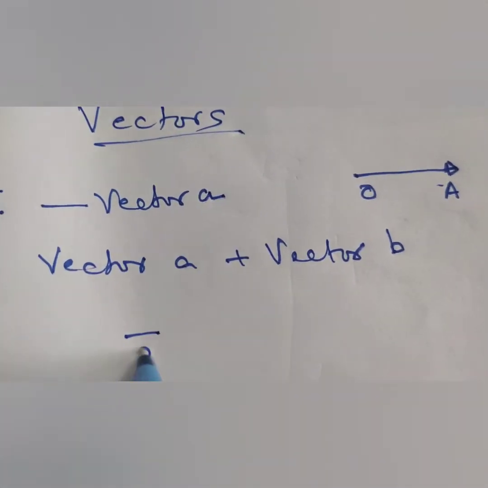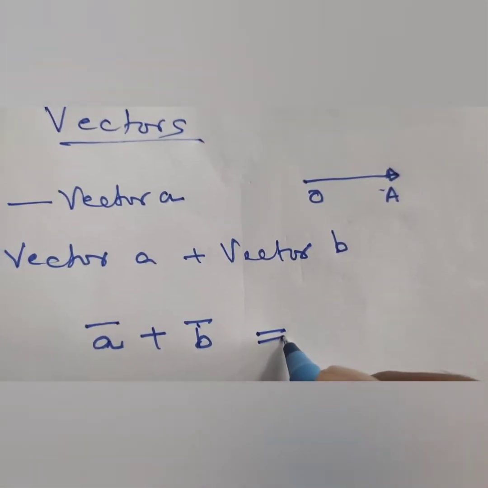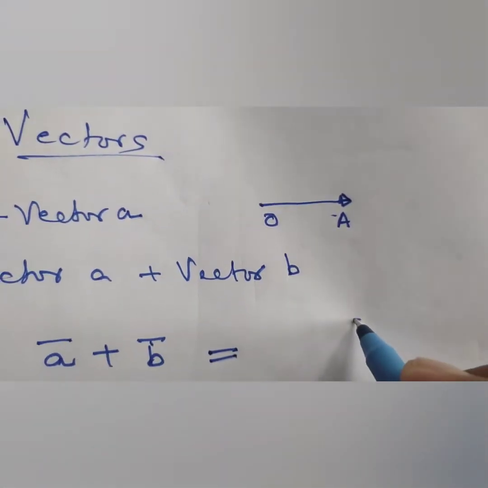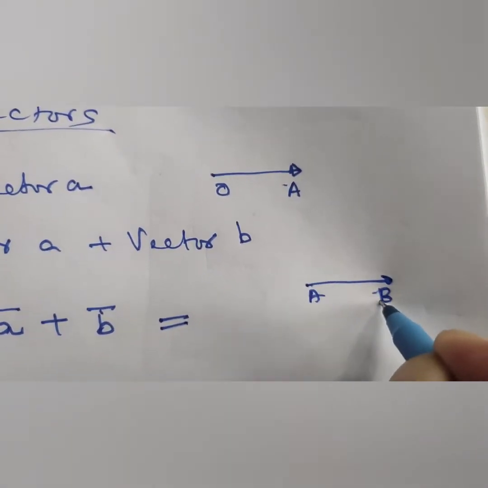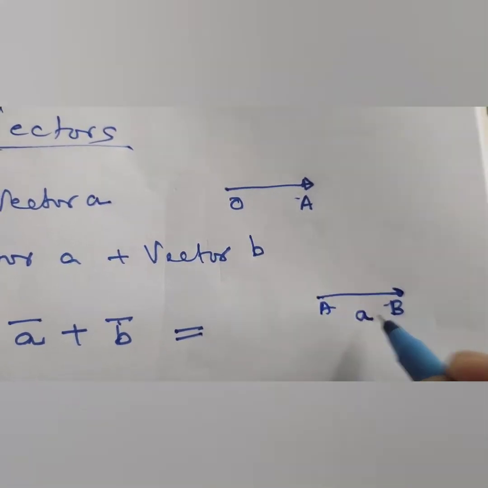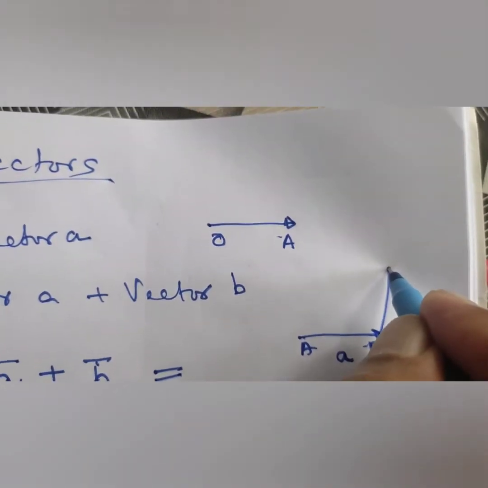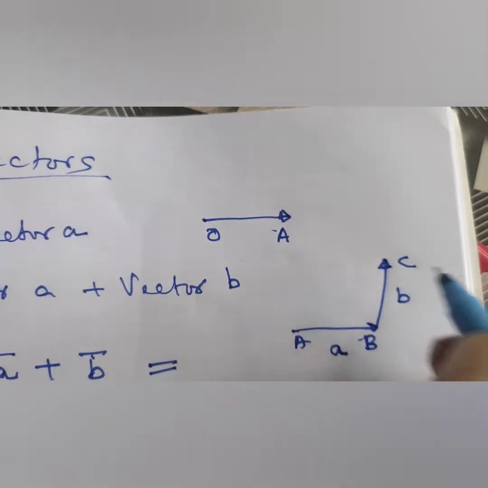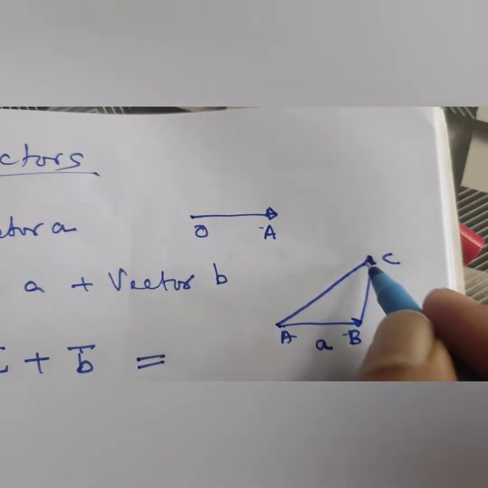So that is vector A plus vector B. We will see: if AB is a vector and its magnitude is A, then BC is another vector, its magnitude is B. Then AC will be the resulting vector.